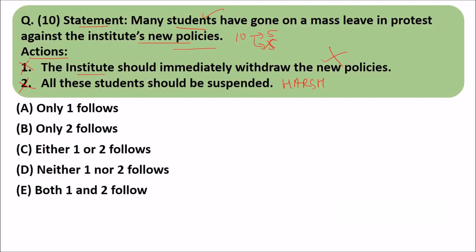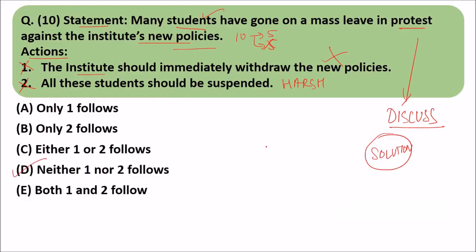A logical action might be that the students who have gone on protest might be asked to sit down and discuss their demands, what is it that they want, what is it that they don't want, and then you can come at a solution. So this can be a better option, but that is not a solution or action given over here. So out of the two actions, none of them are useful, so neither one nor two follows.